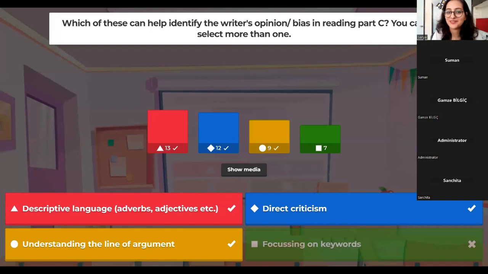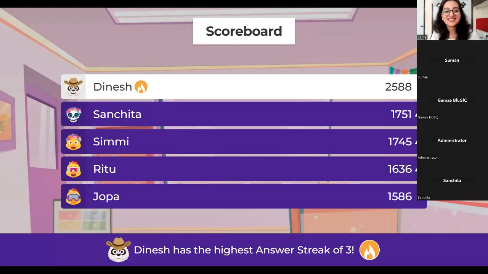Let's check the scoreboard now. Dinesh, why is there a fire sign? Sanchita, Simi, Ritu, and Jopa. Okay, so you still have time, so you can beat Dinesh and move on top.